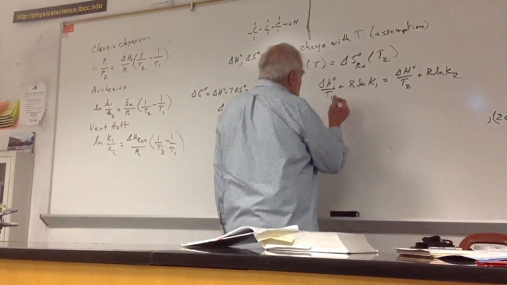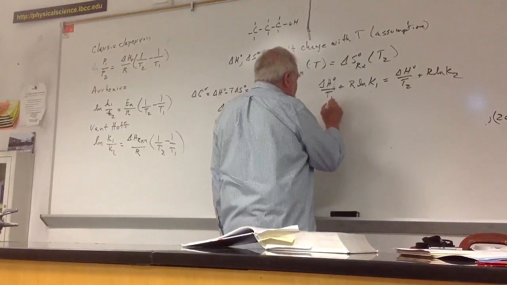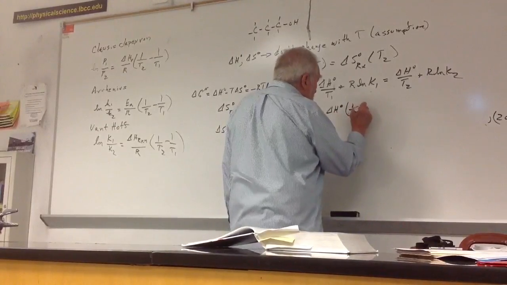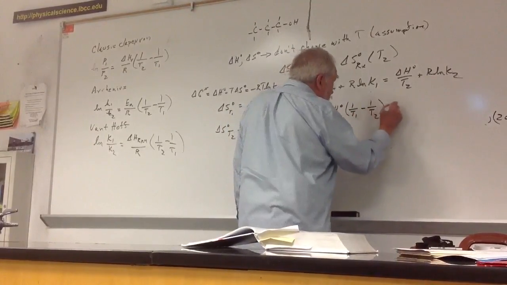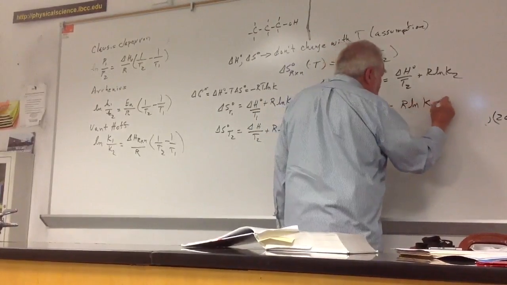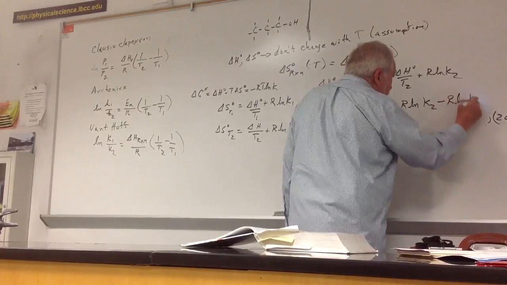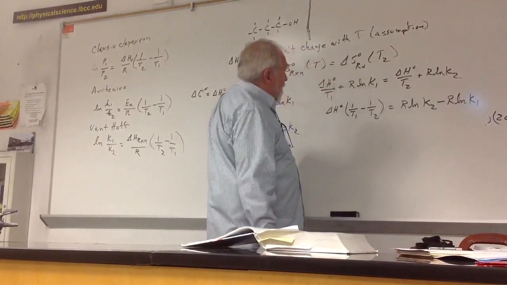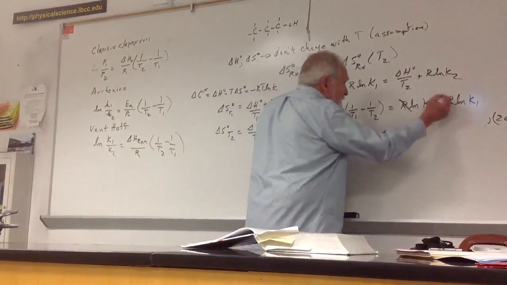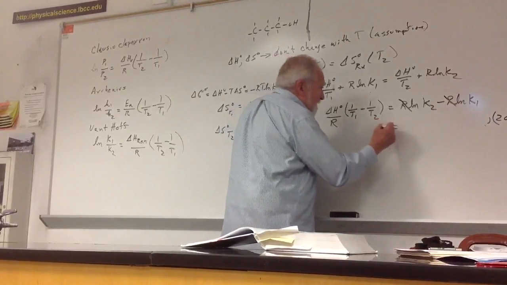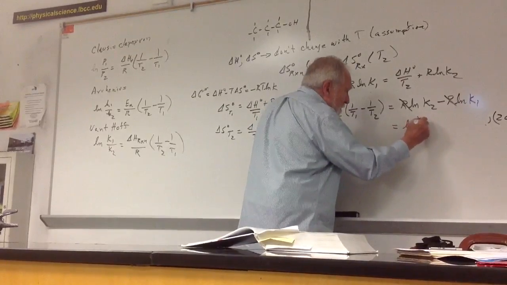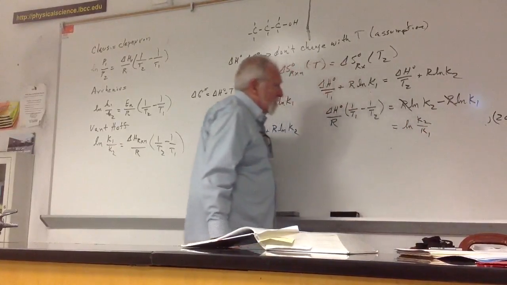And now I'm going to put all this together on one side. And then I'm going to divide through by R, and then I'm going to say ln K2 minus ln K1 must be equal to that, over R, times one over T1 minus one over T2, K1.